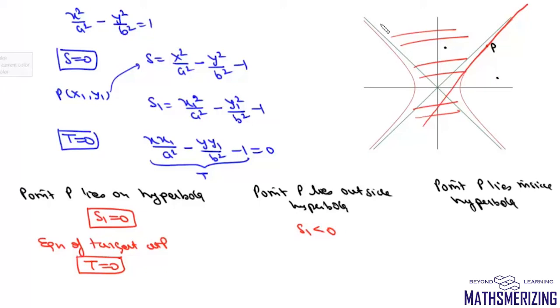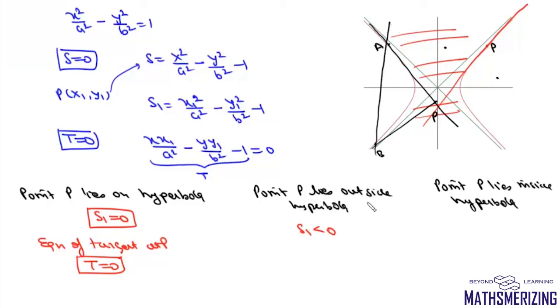Then this point will lie outside these two branches. Now if the point lies outside, then in that case, two tangents may be drawn to this hyperbola. So these two tangents, they'll touch this hyperbola at 2 points, say A and B. So A and B, these are contact points, and the line joining A and B is called as chord of contact.